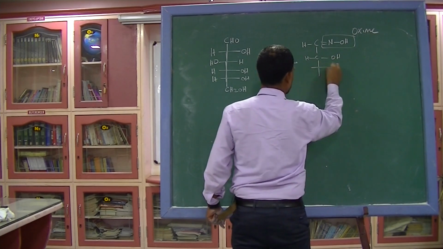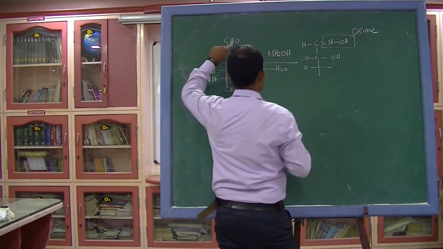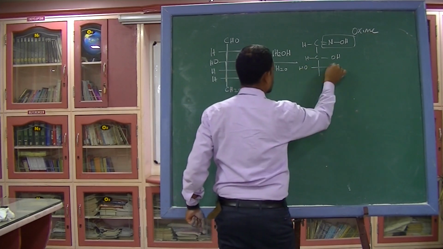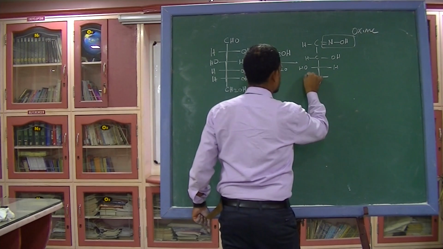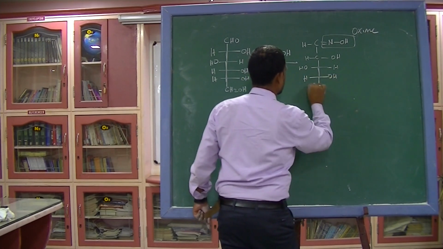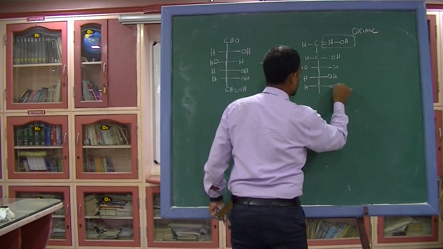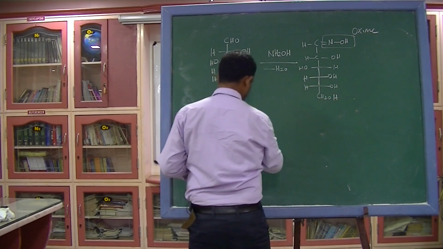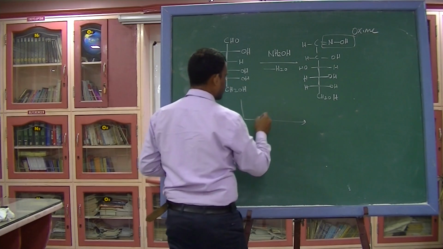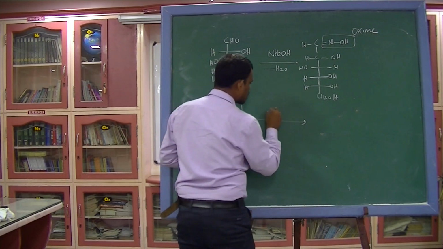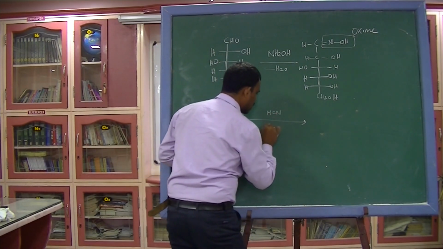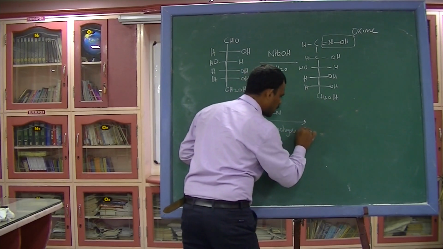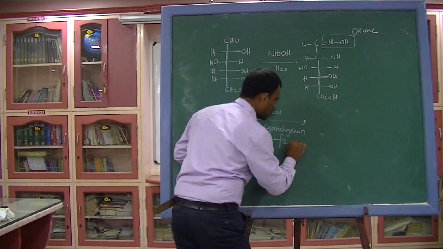Suppose you take the monosaccharides and treat with HCN, this is nothing but cyanohydrin formation. Am I right?